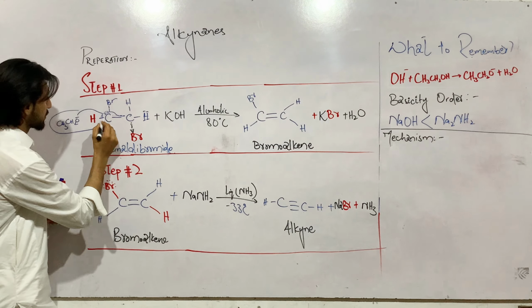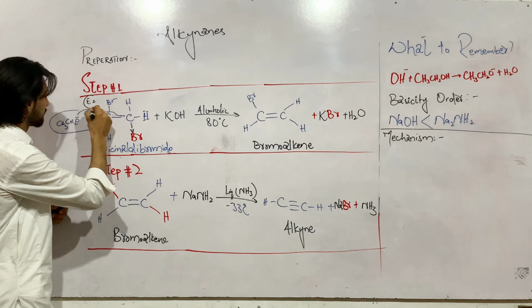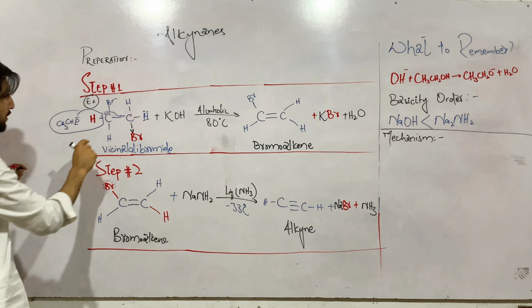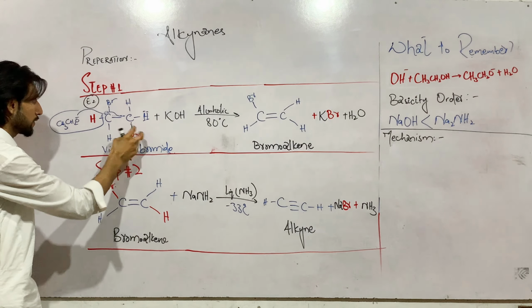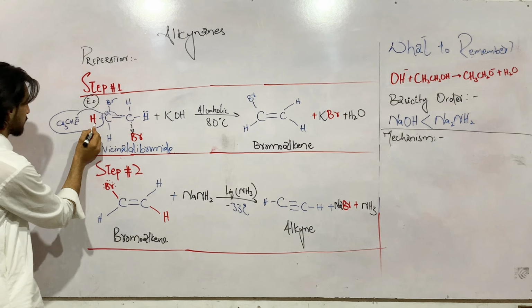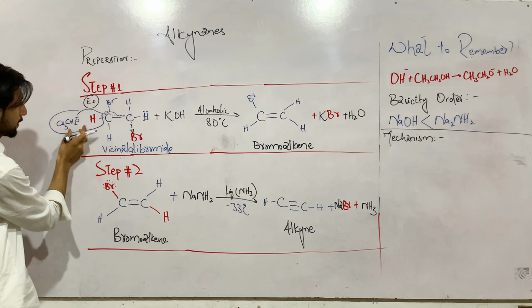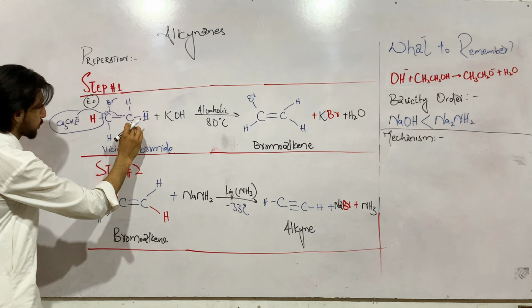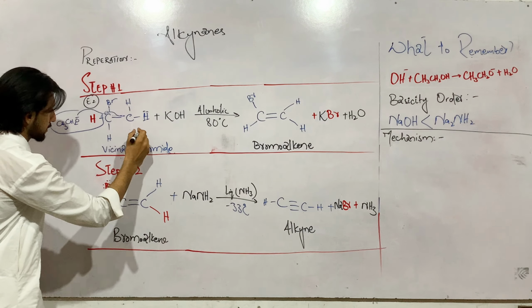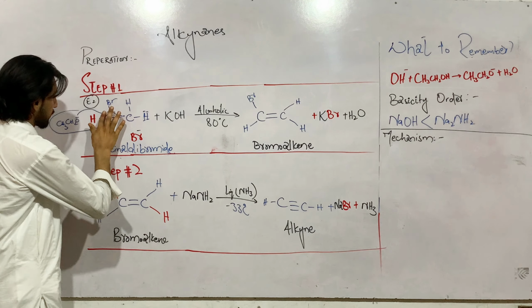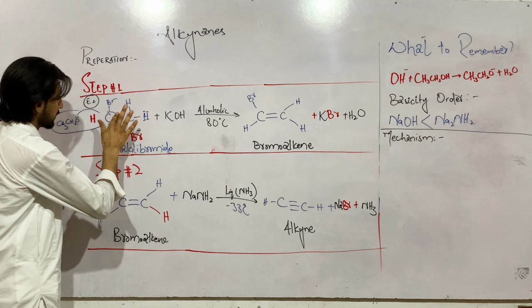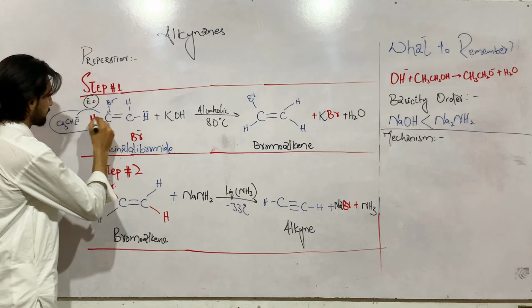So here we see the E2 mechanism, the formation of a double bond and elimination of entities. This proton leaves with the ethoxide ion, and this bromine is pushed out as Br minus, and we see the formation of a double bond.